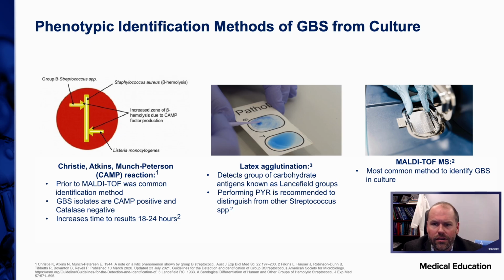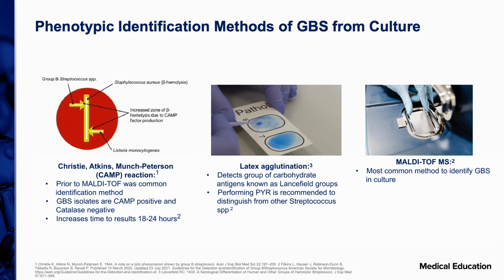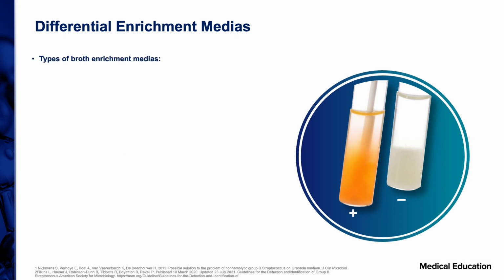And then, as I had already gone over, MALDI-TOF is our go-to today, and that is really a proteomics fingerprint, primarily of the ribosomal proteins, that is indicative for group B strep and can differentiate group B strep from other organisms. And we also talked a lot about differential enrichment medias. So some of those ideas of different broths, these are broths again that are enrichment medias.